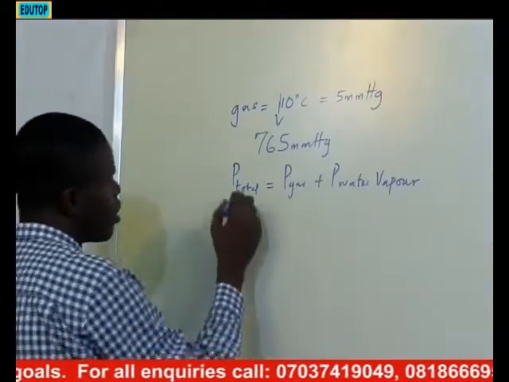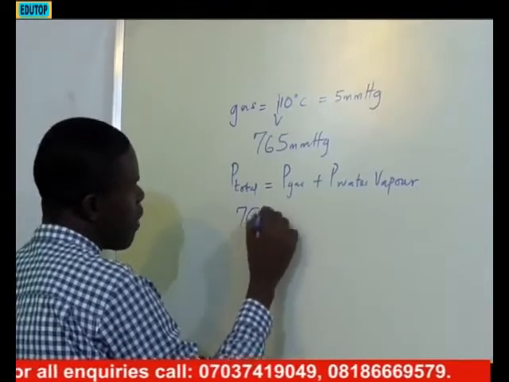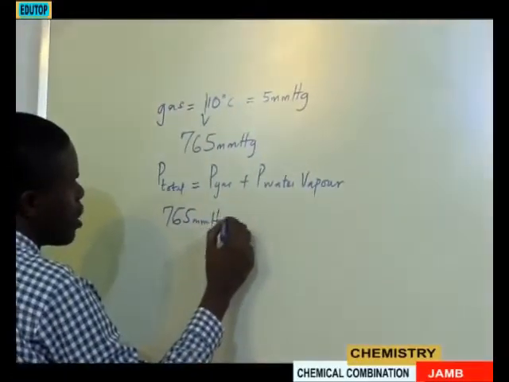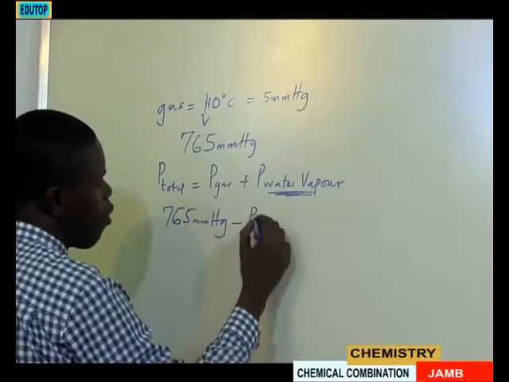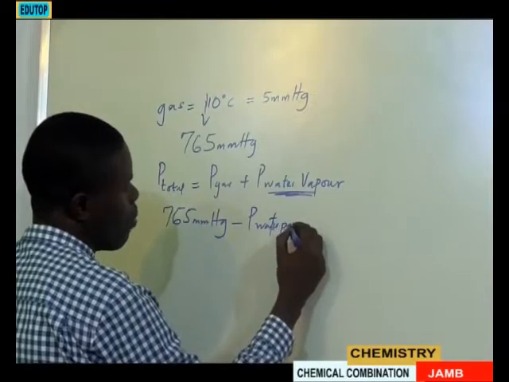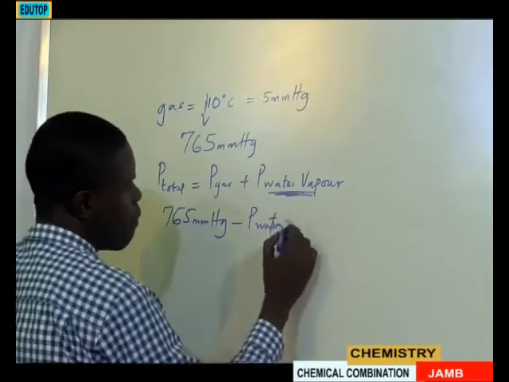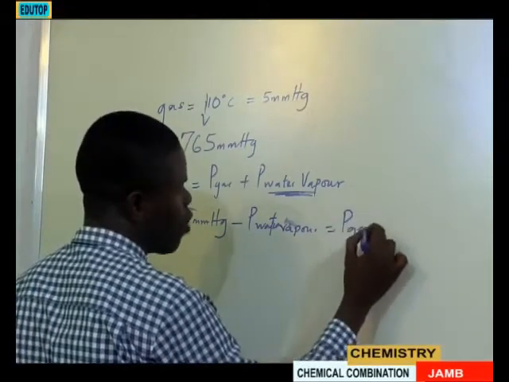So in this situation, the total pressure here is 765 millimeter mercury, and minus the pressure of water vapor is equal to the pressure of the gas, which is what we are looking for.